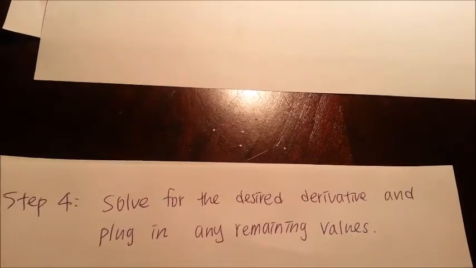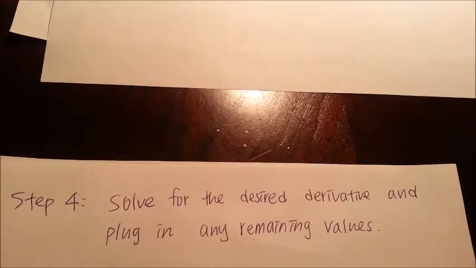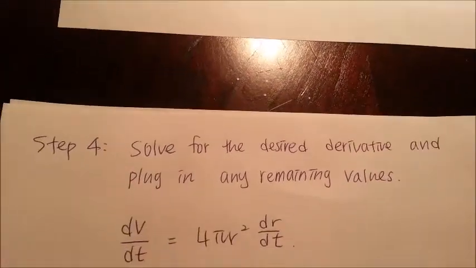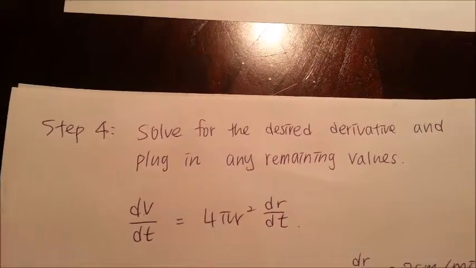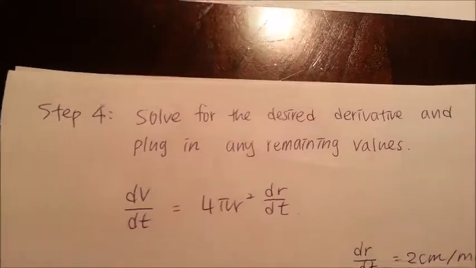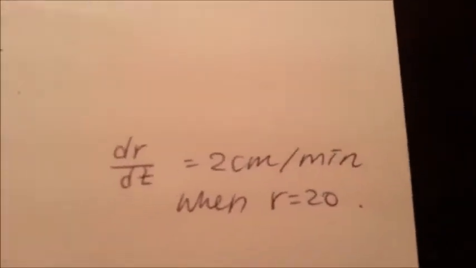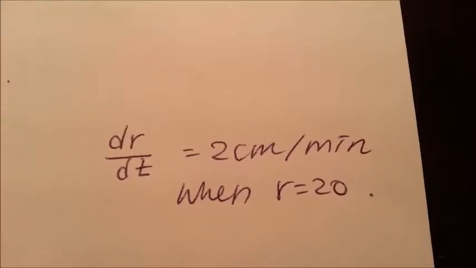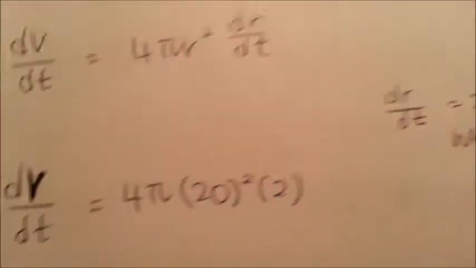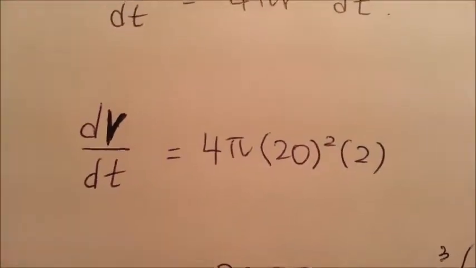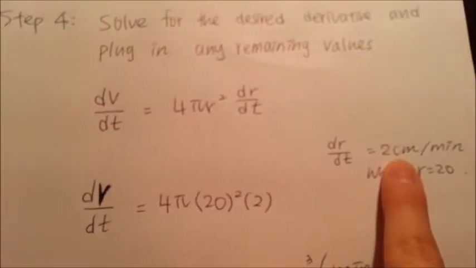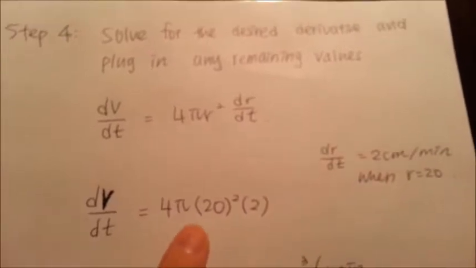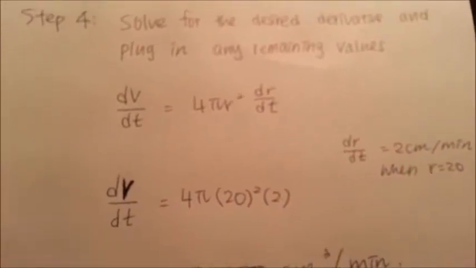Solve for the desired derivative and plug in any remaining values. dV over dt equals 4 pi r squared dr over dt. dr over dt equals 2 centimeters per minute when r equals 20. So plug 20 in for r and 2 centimeters per minute for dr over dt.